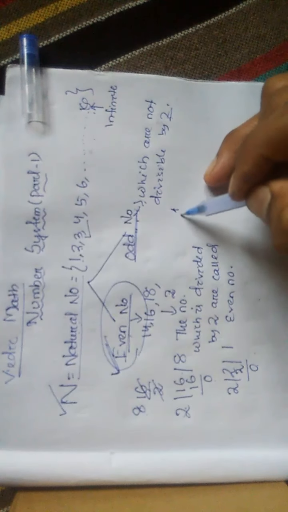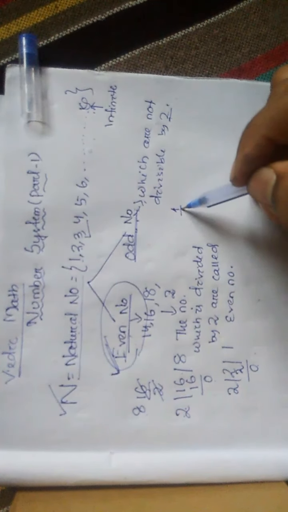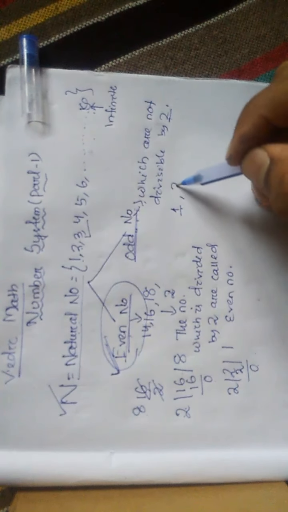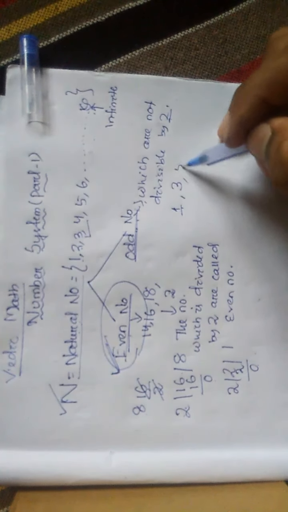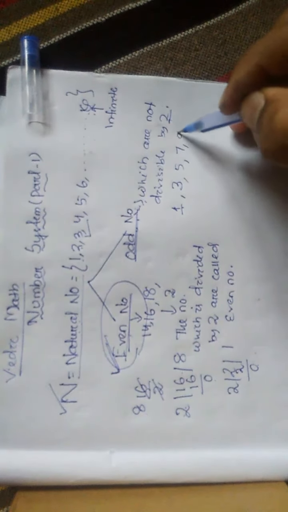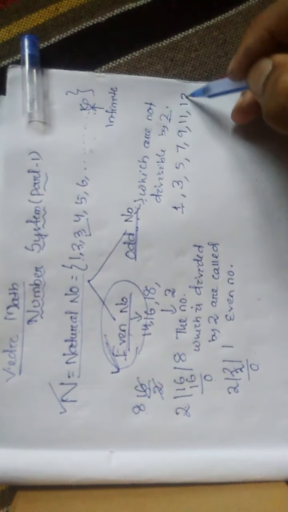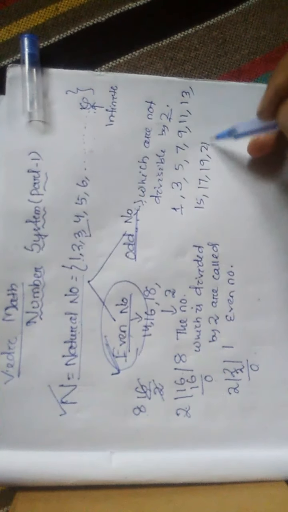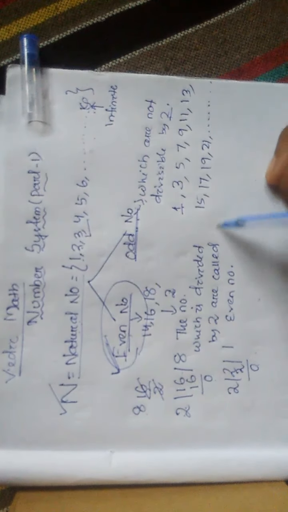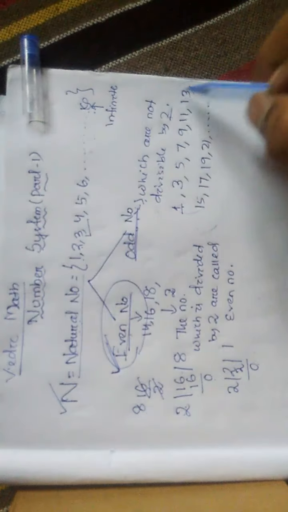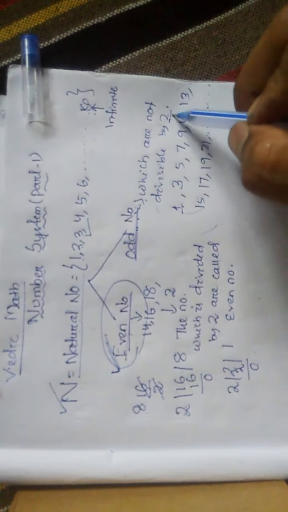You can take the example of 1. 1 cannot divide by 2. You can take 3, 5, 7, 9, 11, 13, 15, 17, 19, 21, and so on. So these are the numbers that cannot be divisible by 2. That is why this type of number is known as odd number.